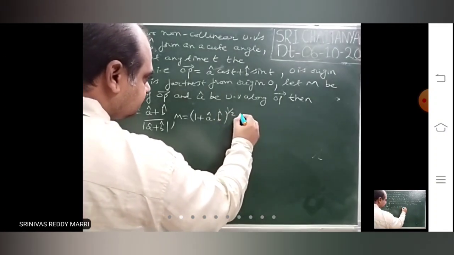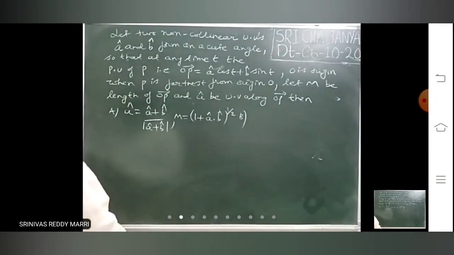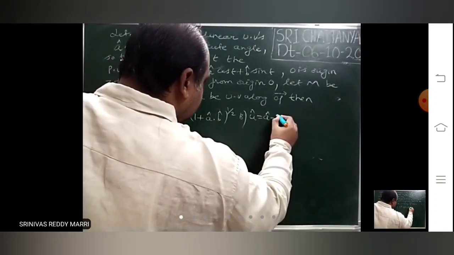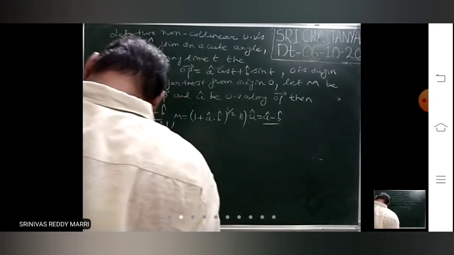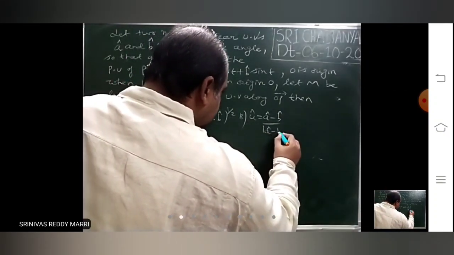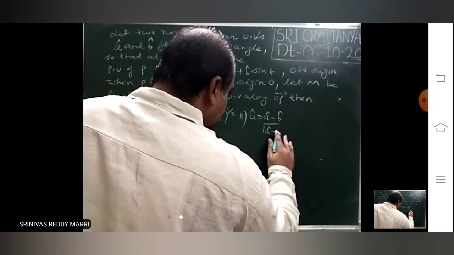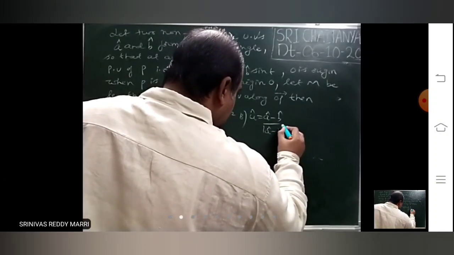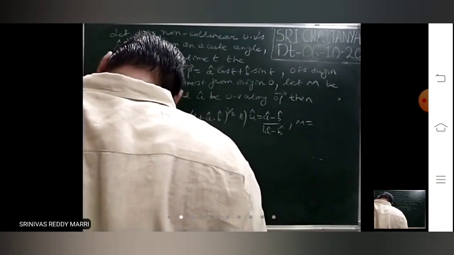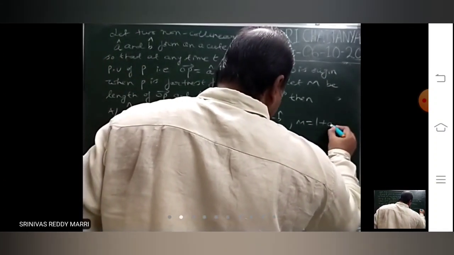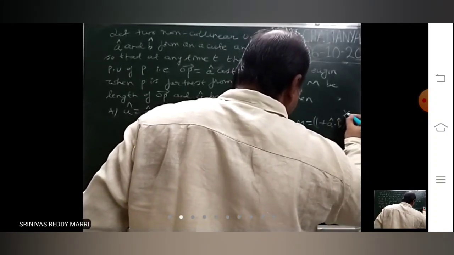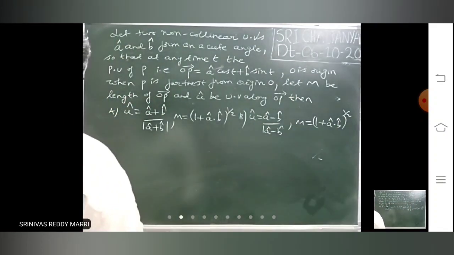Second option, U cap equals A cap minus B cap divided by modulus of A cap minus B cap, M equals to the power 1 by 2.